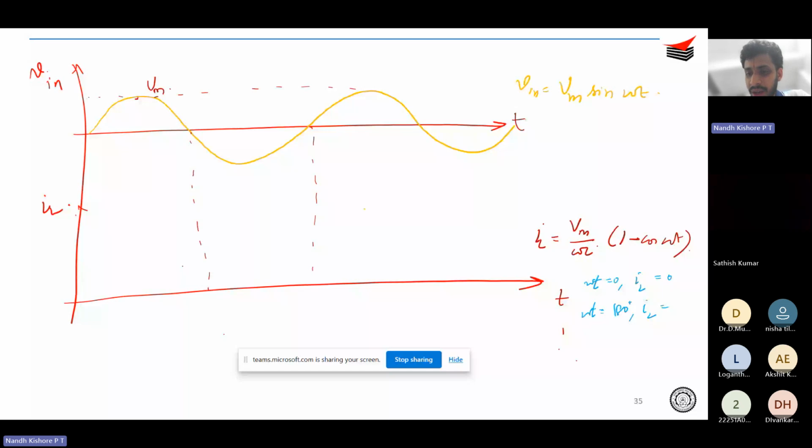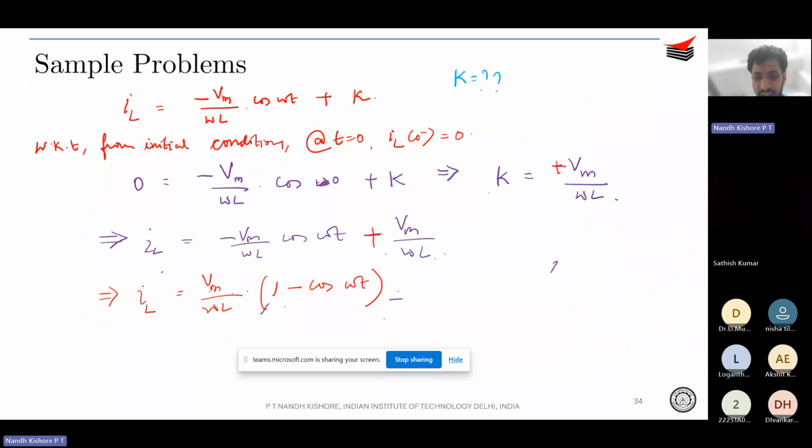So IL will be 2 Vm by omega L. And at omega t equal to 360, IL will again be 0. So IL is 0 here and 0 here, and at omega t equal to 180, your IL is 2 Vm by omega L.